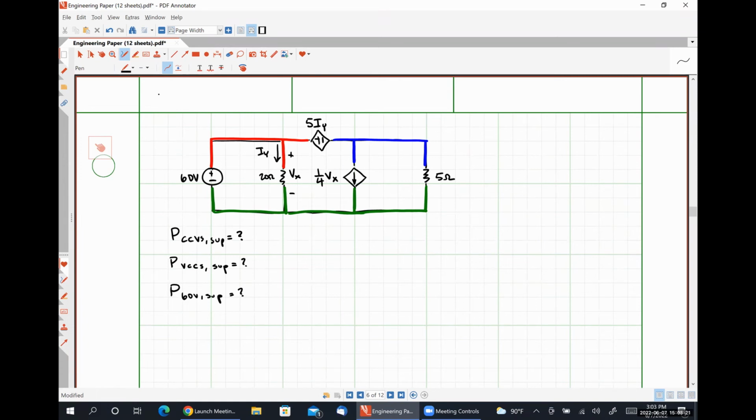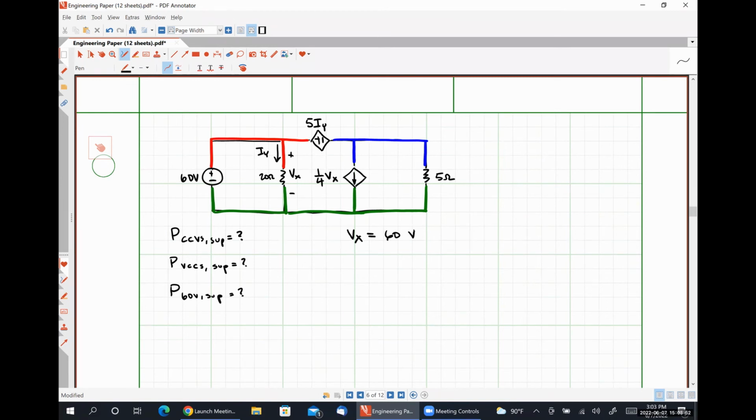So that means the 60 volt source and the 20 ohm resistor have the same voltage, which means Vx has to be 60 volts. It cannot have a different voltage because these two elements are connected in parallel. Are we okay with that?